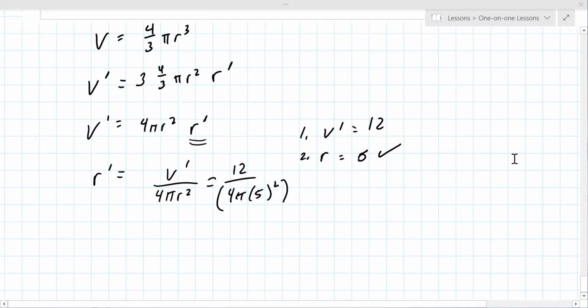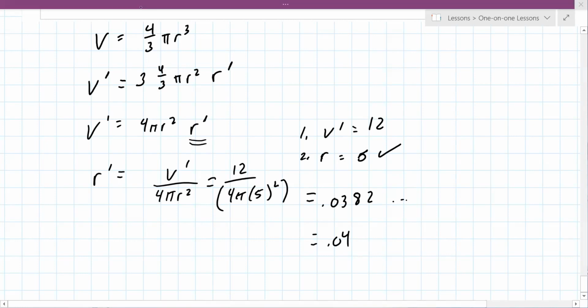I'm just going to do this calculation. 4 times pi times 25. Okay, so it's 0.0382. Not sure how many decimal places you need to go out to on that. I guess it says 2. That's what I want to. So it says 0.04. Okay. All right.